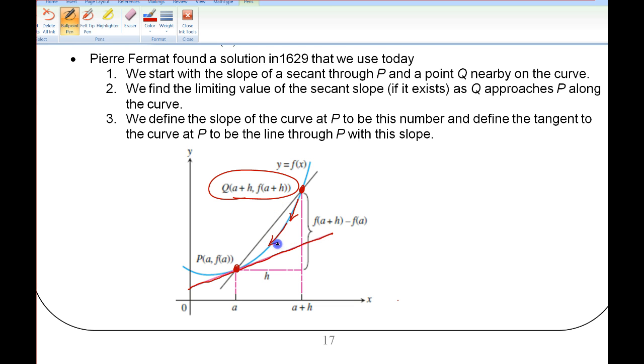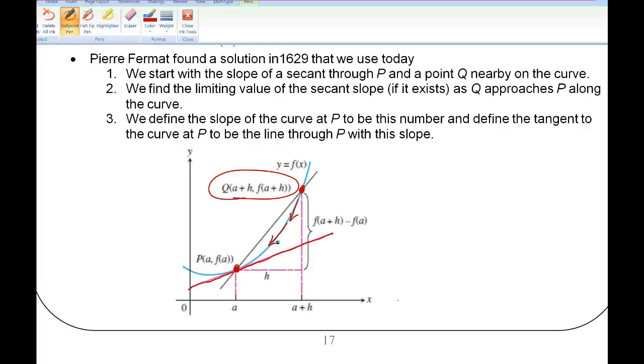If I keep moving Q closer and closer, the secant line is going to turn into a tangent line. The way we do that is we use limits. This h just means how far away it is from the original.